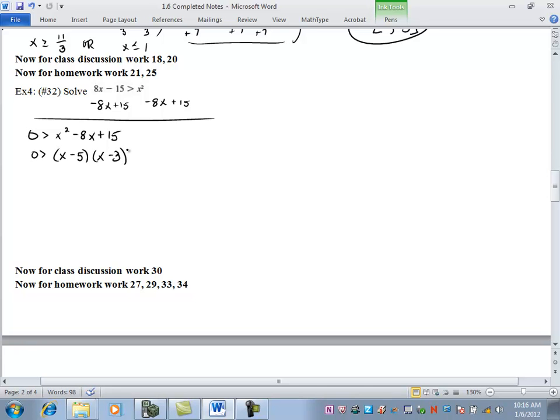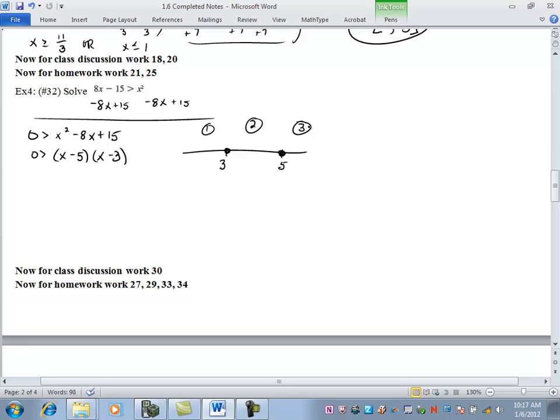Now, to solve an inequality like this may be a little different from the way you've done these before, or maybe you haven't seen these before. Draw yourself a number line, please. We know that at x equal 3, this value equals 0. We know at x equal 5, this expression equals 0. So we have divided the number line into 1, 2, 3 regions.